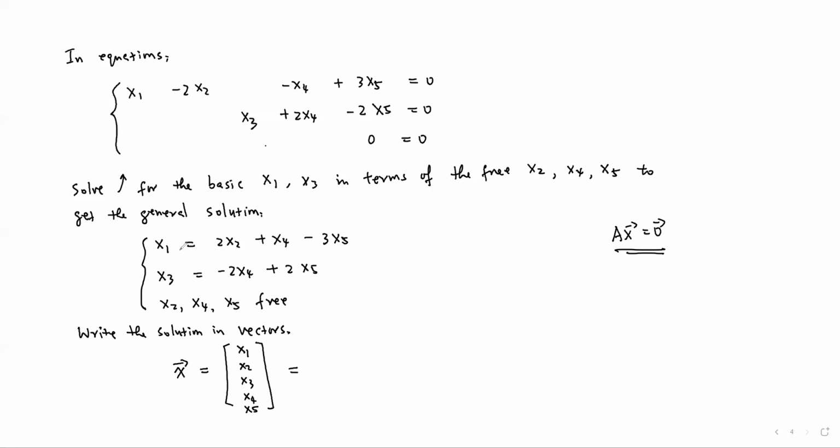Now plug in these two equations for x1 and x3. Then I get 2x2 plus x4, minus 3x5. Keep x2. Then x3 is negative 2x4 plus 2x5. Then keep x4, keep x5.